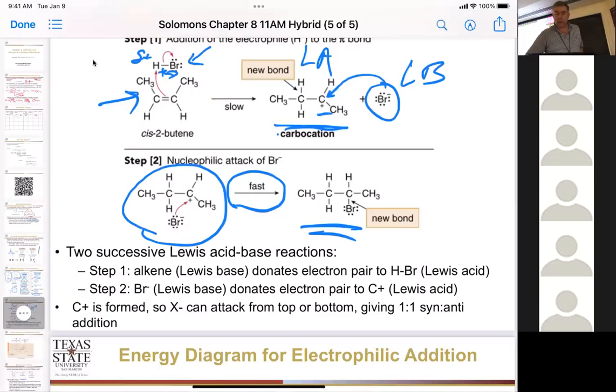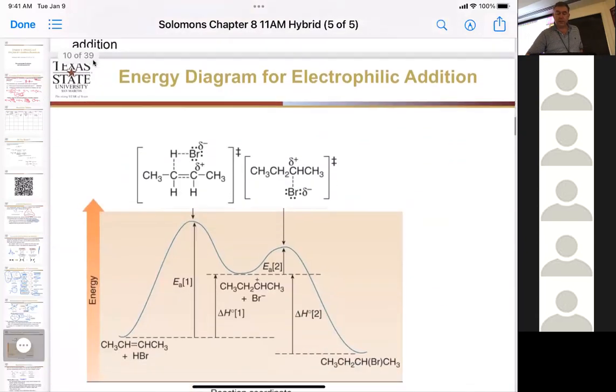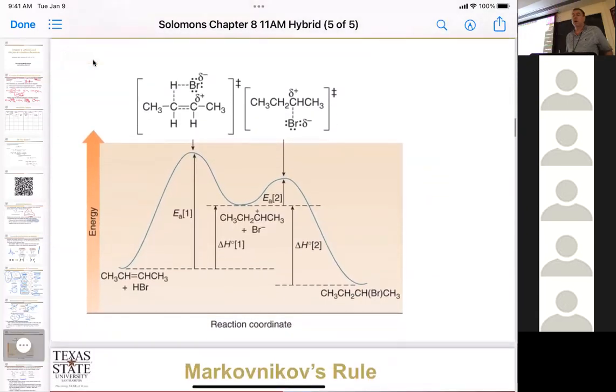So in this case, because we have two different acid-base reactions happening, our diagram looks like this. We have our first activation energy for the alkene to reach out and grab that hydrogen. In that transition state, we're moving electrons from here to here and electrons from here to here. Those are the bonds making and breaking all at the same time.